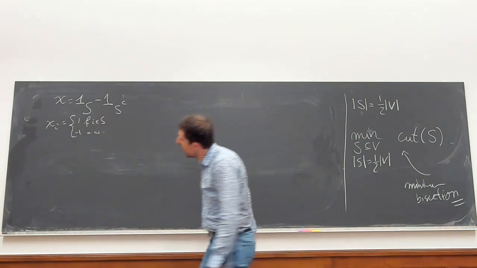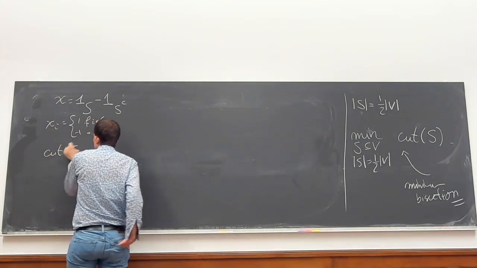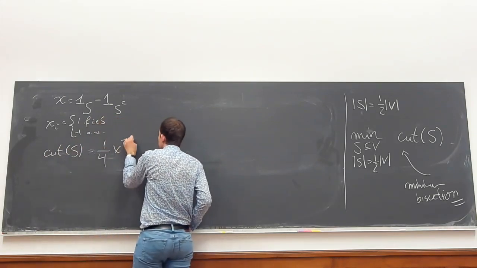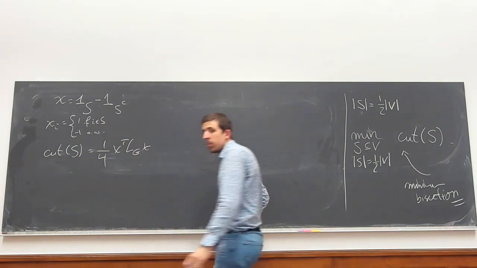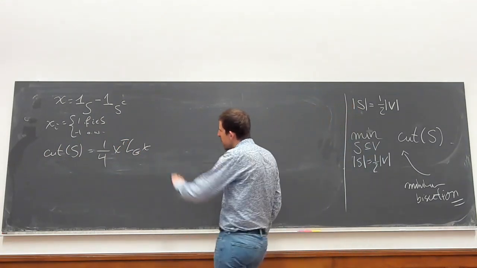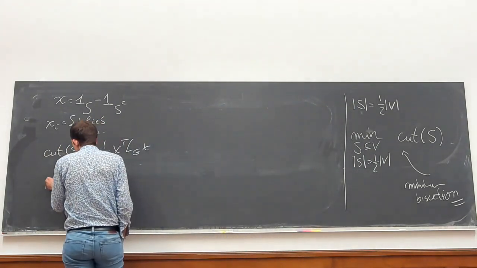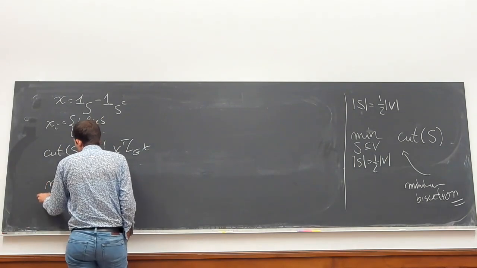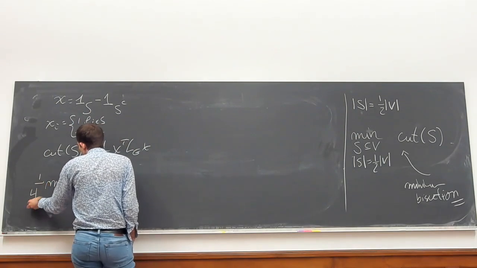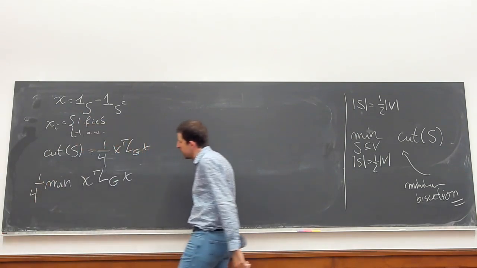Okay, so now we know that the cut of S is equal to 1/4 times x transpose Laplacian x. Right? So this means that if I'm trying to minimize the balanced cut, I could instead minimize this. I could take the minimum over x of this form. Let's take the 1/4 outside of x transpose Laplacian x.